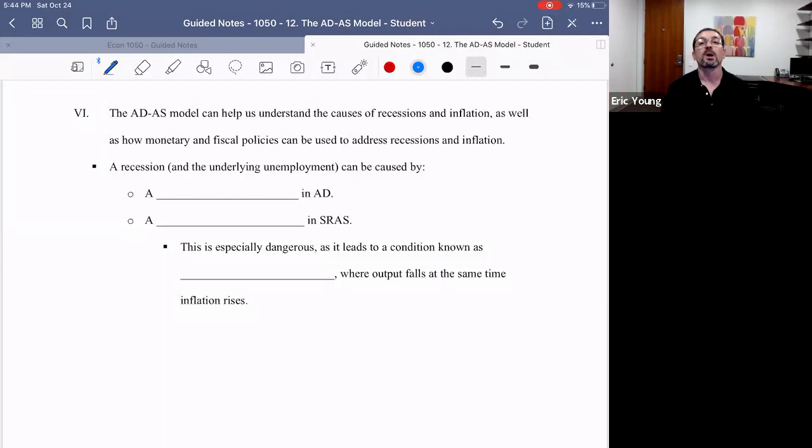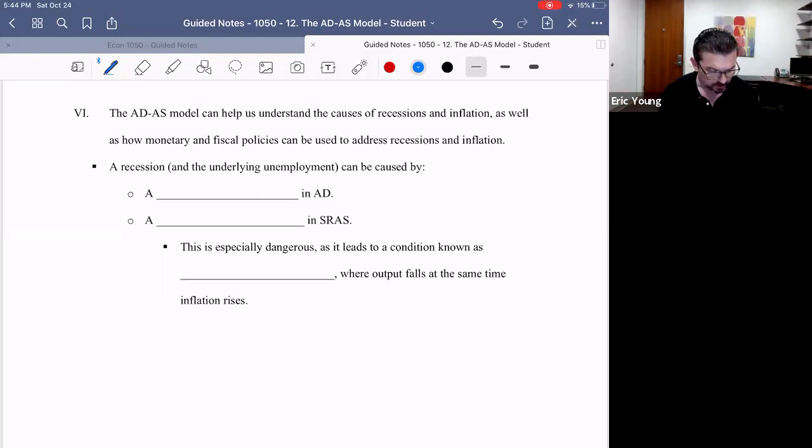And of course, once we understand where we are, we can make sense of how we got into the recession or how we got into the inflation, and then we can strategize ways using the model to get out, to stabilize the economy, to get us back to that long-term trend line and away from those fluctuations.